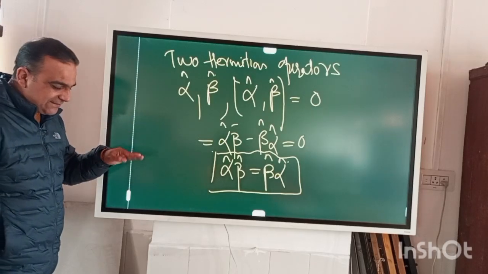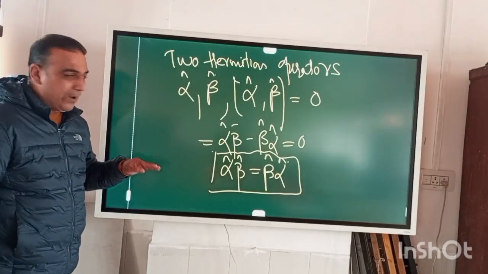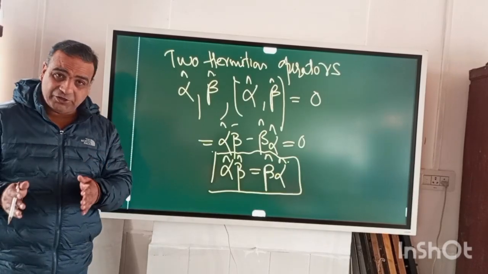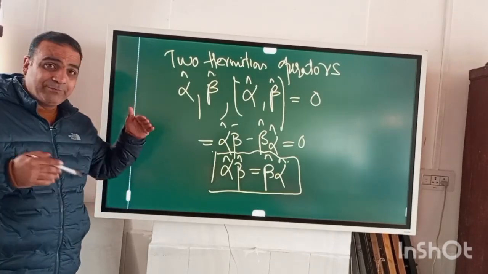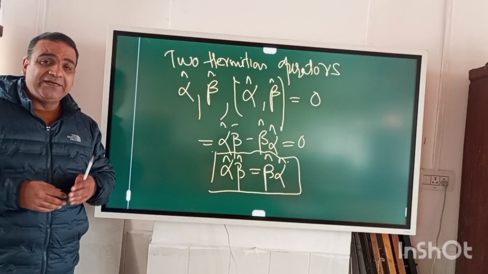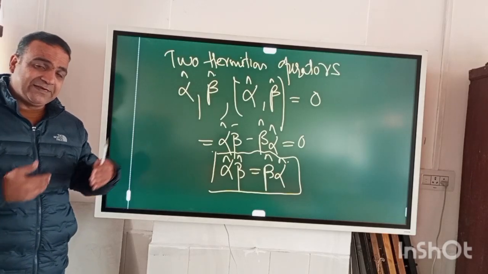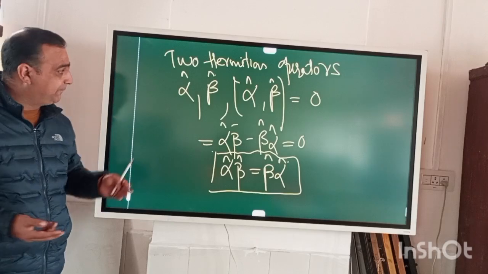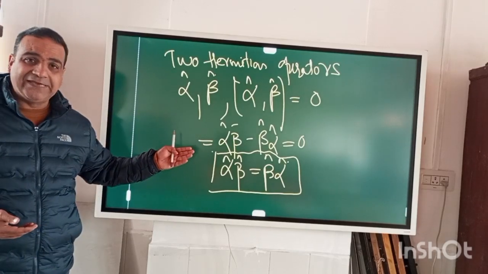So everything is built in a systematic way. Alpha cap is a Hermitian operator, beta cap is a Hermitian operator. For alpha cap to be a Hermitian operator, the wave function that's linked with alpha cap has to be a normalized wave function, and the same thing is true for beta cap.